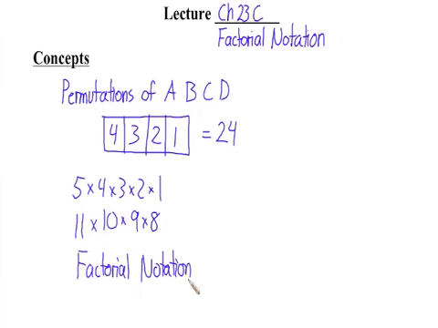And factorial notation has a special notation. So for the first example that I've showed you, this would be represented as 5 with an exclamation point following it. And this is factorial notation. I'll show you in a moment in one of the example problems how we can write 11 times 10 times 9 times 8 in factorial notation. We can't right now because, as you'll notice, we're not multiplying all the way down to 1.